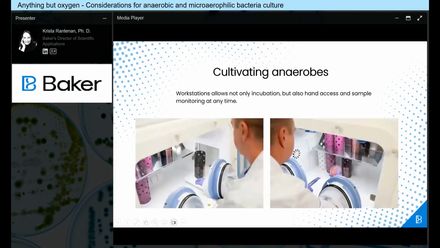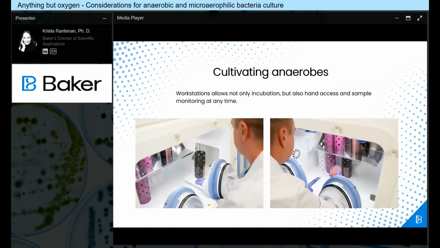Next slide, please. Inside the workstation, both the work and the incubation take place in the same place, in automatically controlled anaerobic or low oxygen conditions. Yes, we need to create the low oxygen or anaerobic atmosphere, but this is done fully automatically by the workstation, so it does not require manual work from the user.